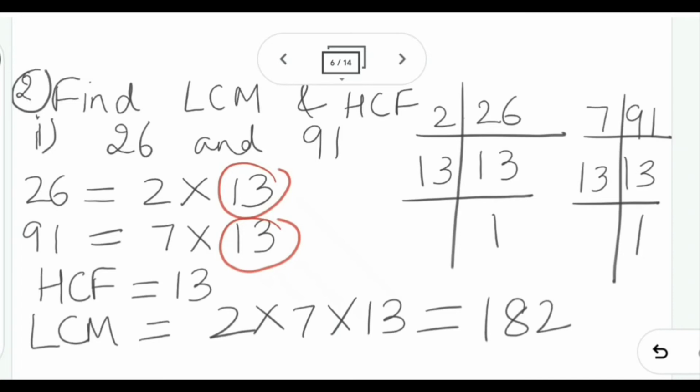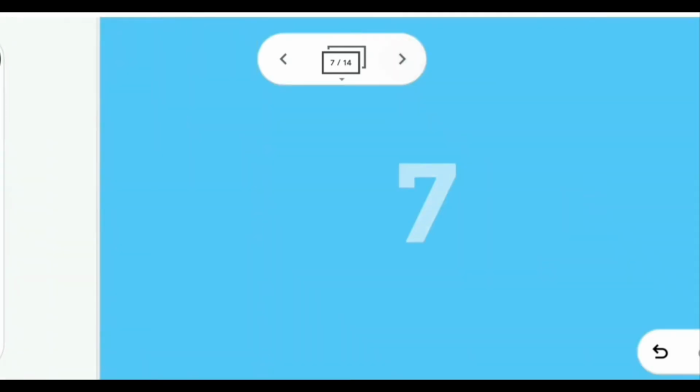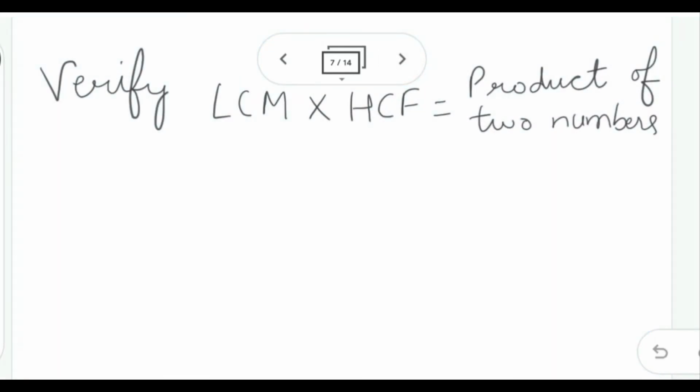So this is how we can find LCM and HCF of given numbers. Now we can also verify a formula: LCM into HCF equals the product of two numbers. This is a formula which we can verify whenever we find LCM and HCF of two numbers.